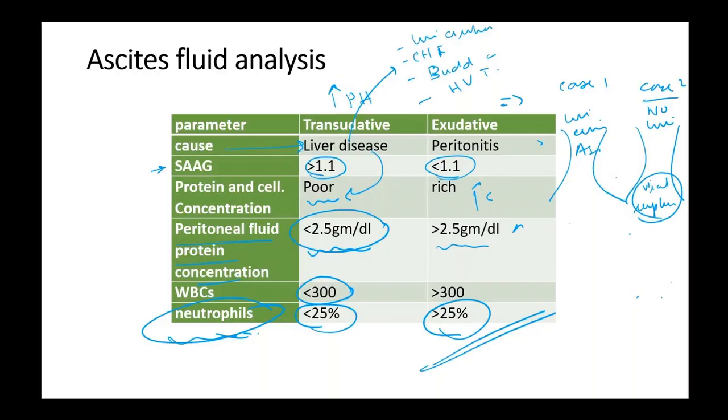In visceral rupture, if you treat this patient as liver cirrhosis ascites, this patient will die and mortality is 100%. What these patients actually need is laparotomy, surgical intervention.